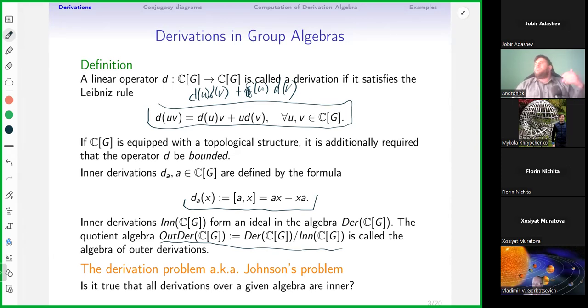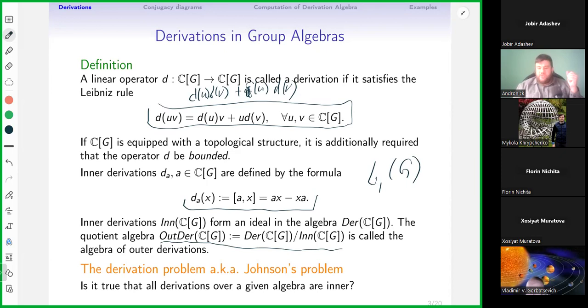Another question, which was solved by Victor Lazare in 2008, is that all derivations in L1 over G are inner. It's a result of Lazare. It's also well known.